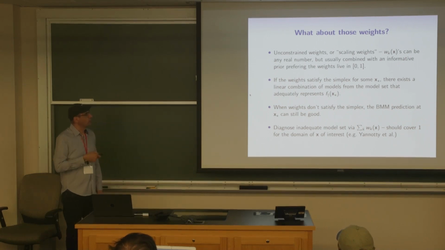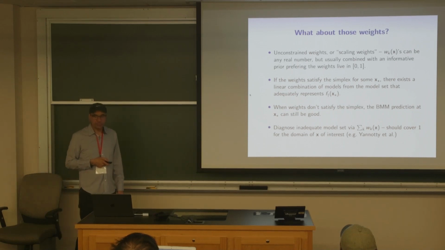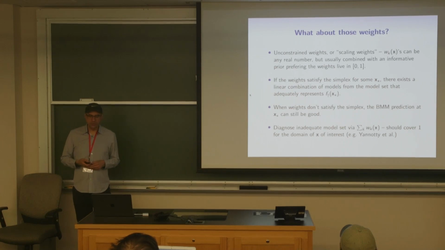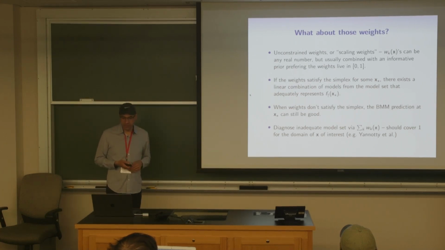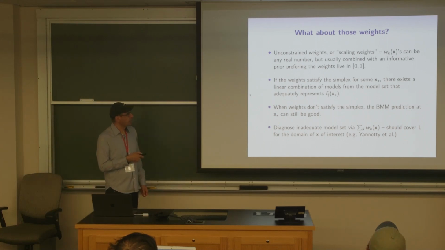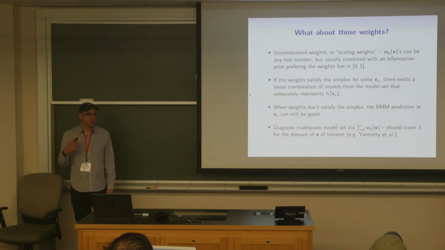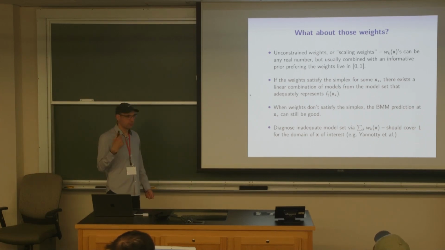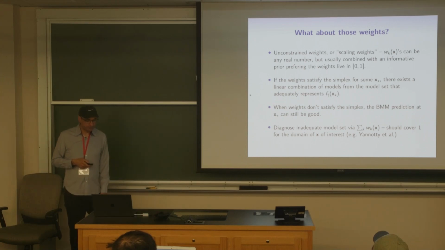If you have weights that satisfy the simplex for some x star, then there should be a linear combination of models in your model set that adequately captures reality. But when the weights don't satisfy the simplex, the BMM prediction at x star can still be good. Basically, how this happens is that the W of x's will scale the model observations you have in your model set to capture the actual trajectory of the real world process that you're trying to fit.